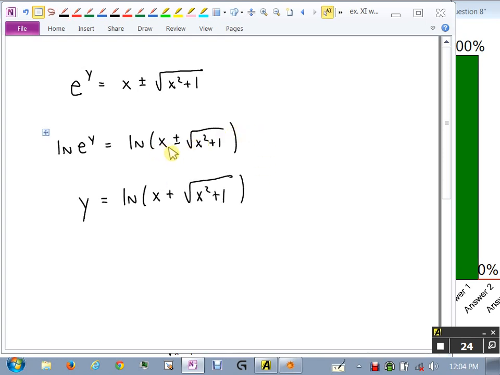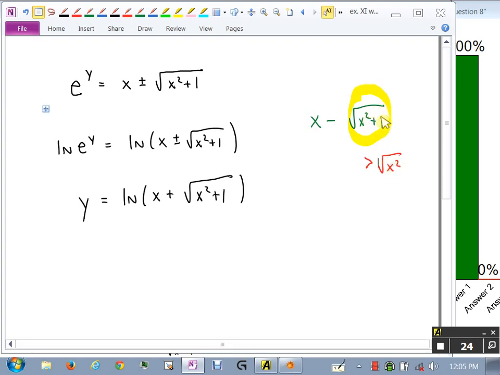And it's only the plus, not the minus, because I don't know why. No, why is it? Can't take the log of a negative number, but why? How can you guarantee me that if this is a minus, this will be negative? Okay, yeah, so let's look at this. X minus the square root of x squared plus 1. Does everybody agree that that right there is bigger than the square root of x squared?